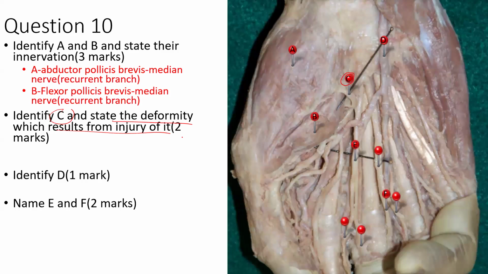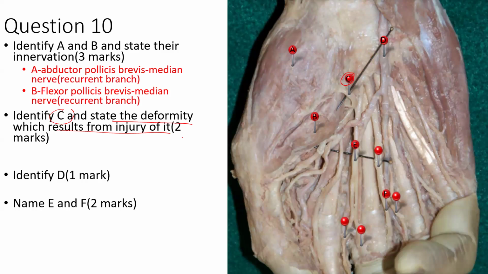Why is it that now you can't oppose your thumb? What has happened? Guys, why can't you oppose your thumb? What muscle has been, no, not thenar eminence. Paralysis of opponens pollicis. Very good.